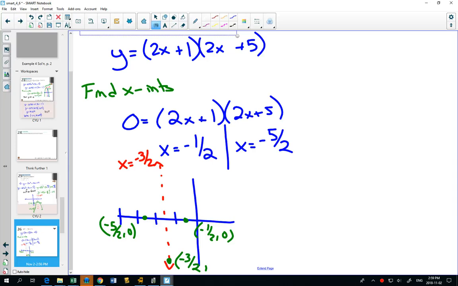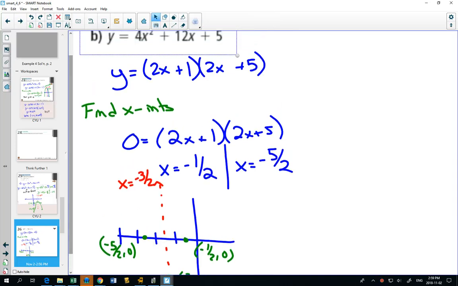If you plug that back in to your equation, what's 2 times -3/2 plus 1? Here, I'll rewrite this.